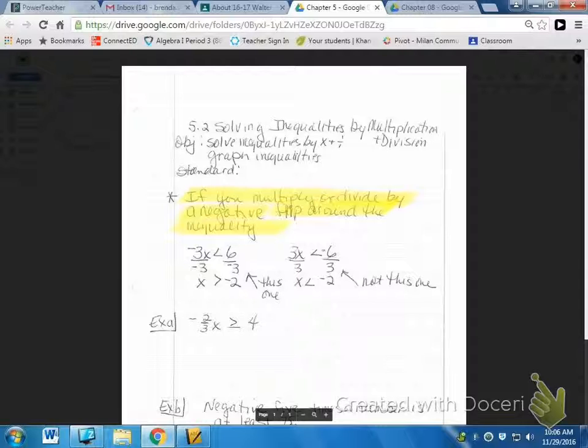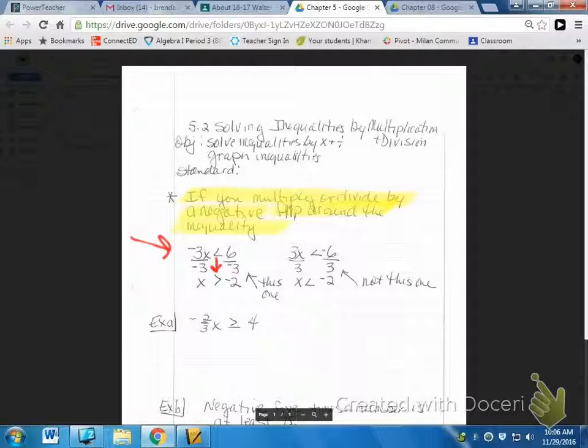So this first example right here is showing you the difference. If you would start with negative 3x is less than 6, and you had to divide both sides by negative 3. So see what I said? Divide by negative. Well, then you immediately flip that around. And you end up with x greater than negative 2.